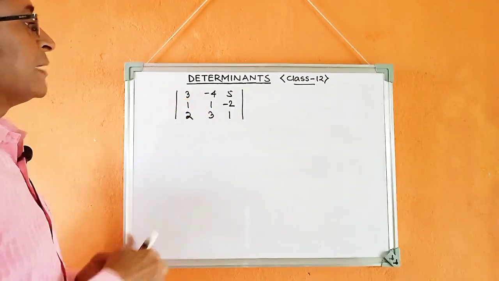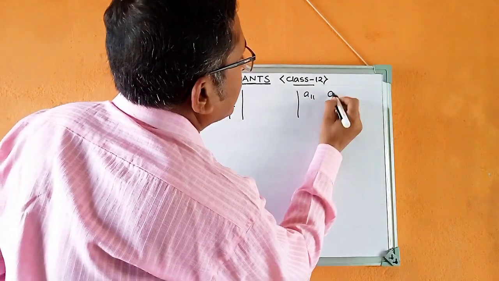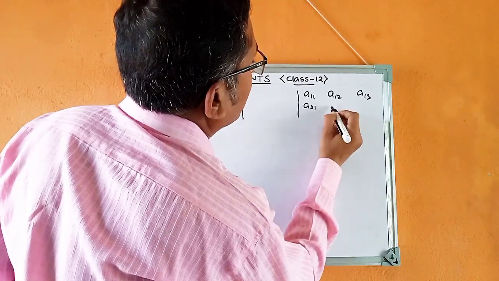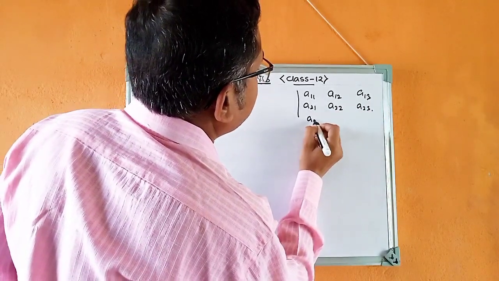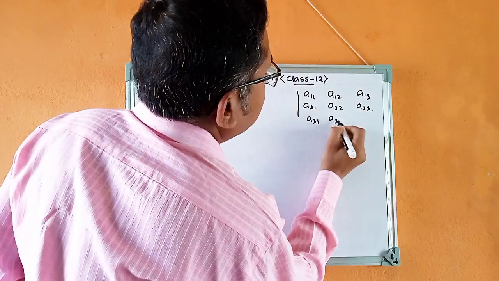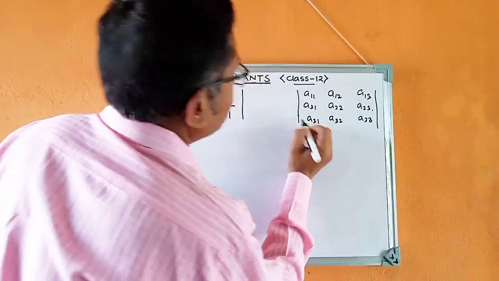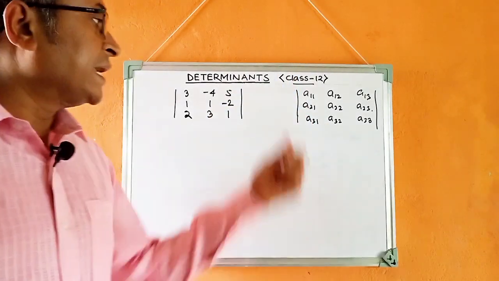Okay, this element, that means we write it this way: A11, A12, A13, then A21, A22, A23, then A31, A32, A33, all are the elements. Okay, so suppose we take any element, say A21.